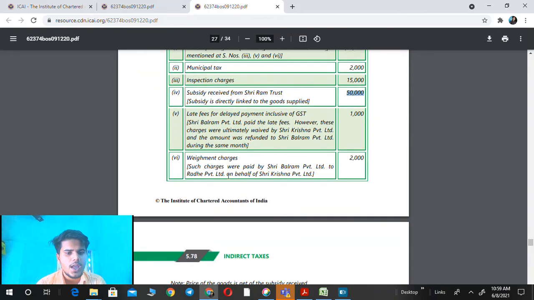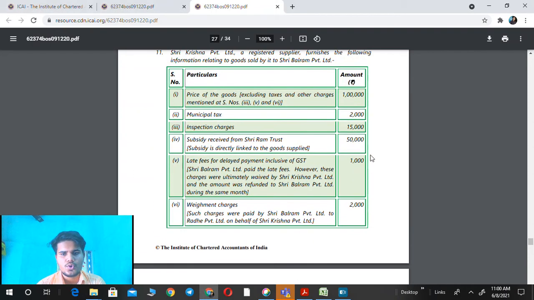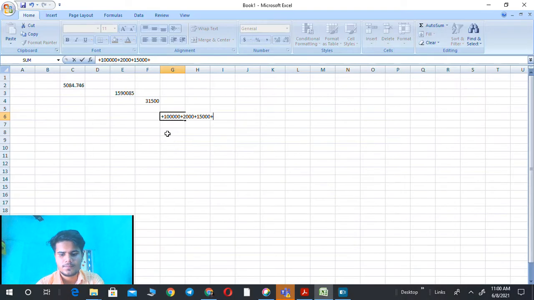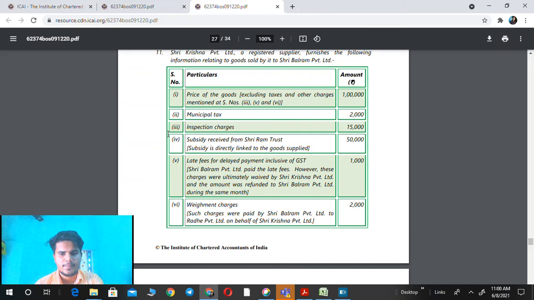And payment charges 2,000, such charges paid by Sri Balram Private Limited to Dati Private Limited on behalf of Sri Krishna Private Limited. So 2,000 is to be part of the transaction price. So the total transaction price should be 1 lakh plus 2,000 plus 15,000 and plus 1,000.